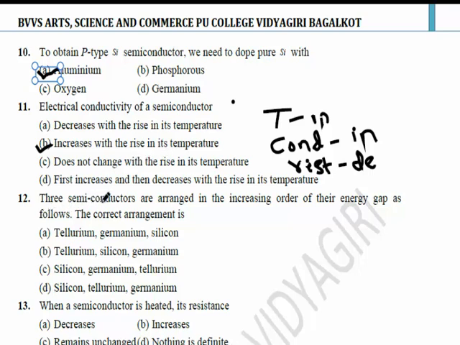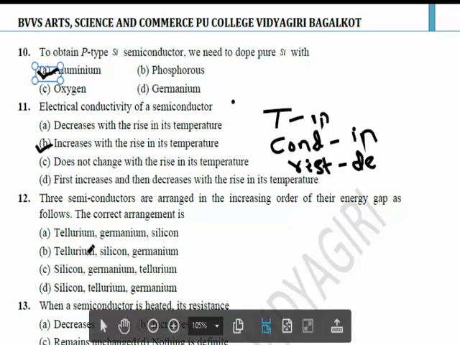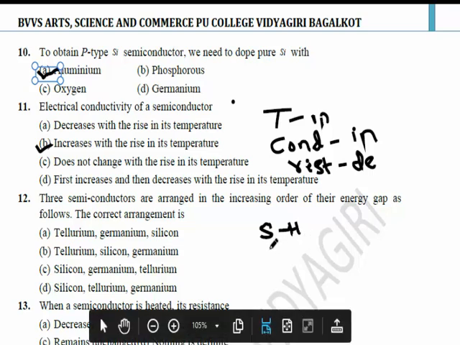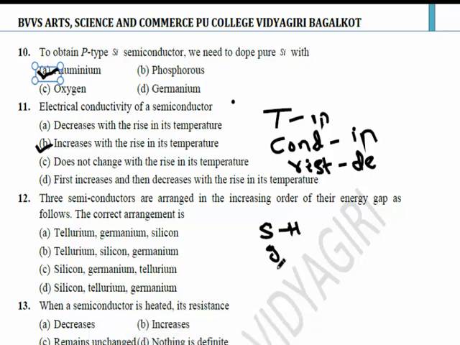Okay, next move to 12th question. Three semiconductors are arranged in increasing order of their energy gap. The three are tellurium, germanium, and silicon. Silicon has the highest forbidden energy gap, next is germanium, next is tellurium.